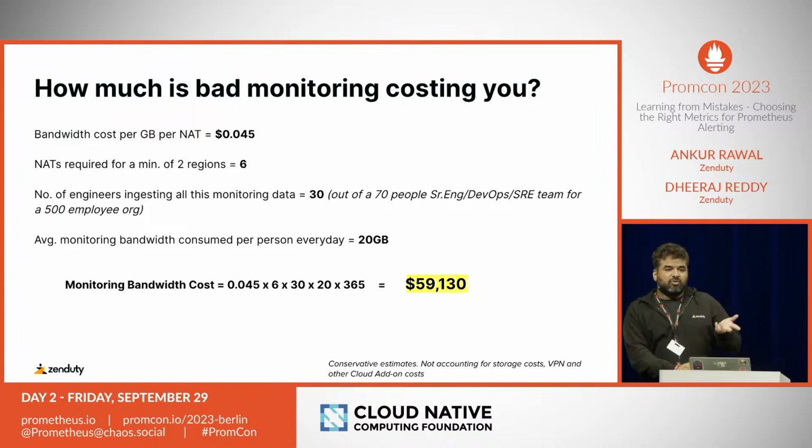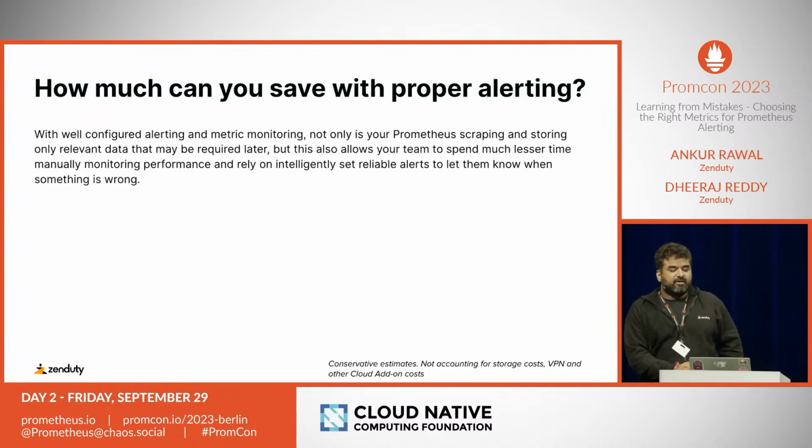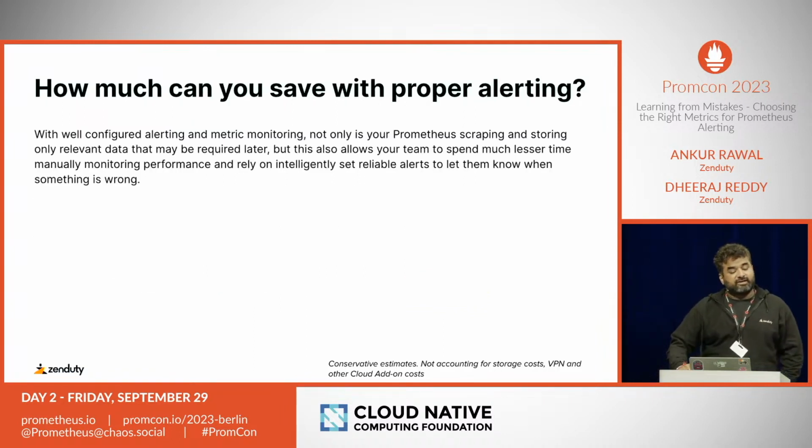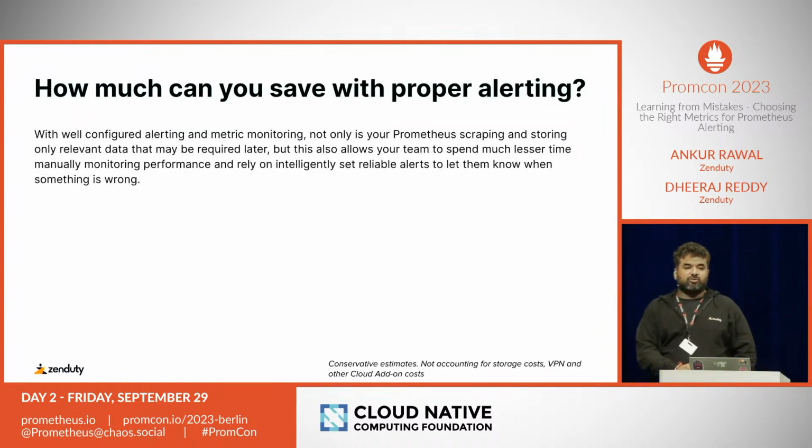But we did some more math, setting the alerting in the right way, with well-configured alerting and metric monitoring, and also Prometheus scraping and storing the relevant data, not storing everything if it is not needed. That's always avoidable, because when you're transferring more data, you're taking more bandwidth to transfer it, which leads to latency.